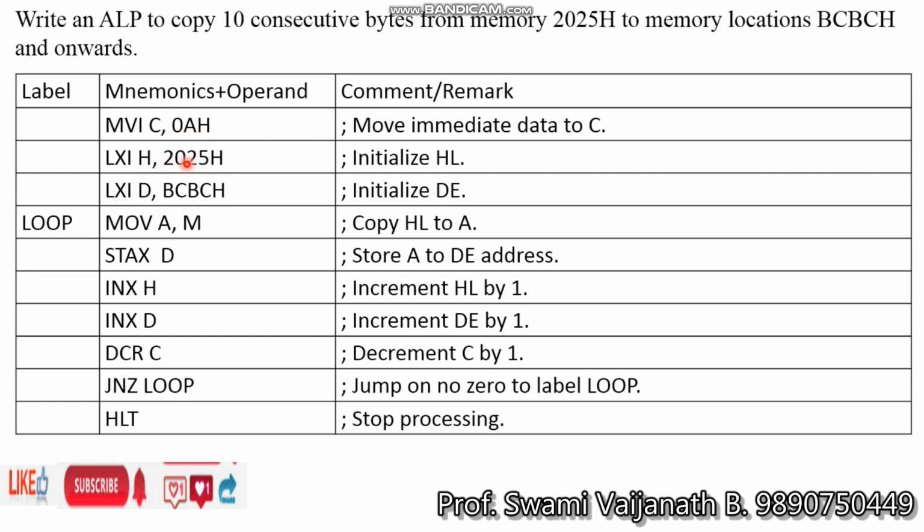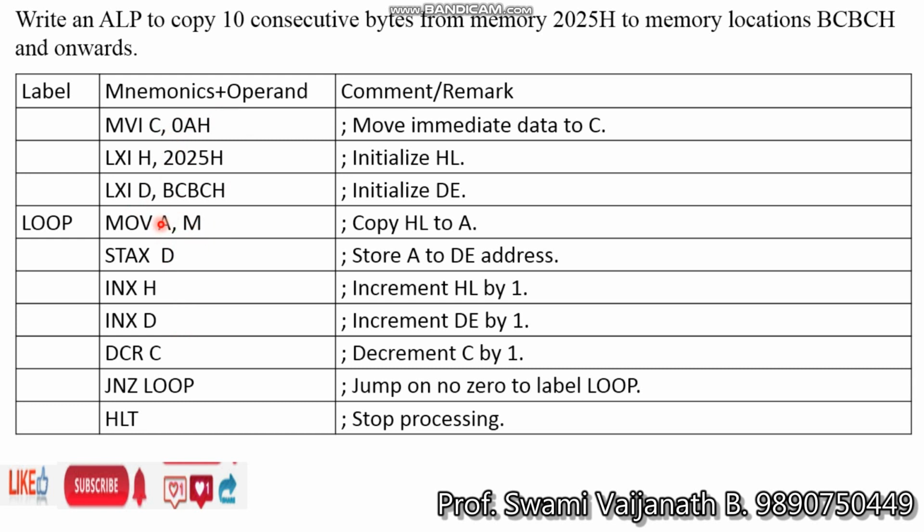Then in the HL pair, LXI H, 2025, the source block is initialized. In LXI D, BCH, the destination block is initialized, and 10 locations are copied to the destination block onward, until C is 0.